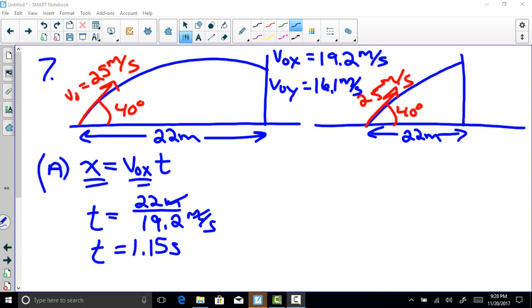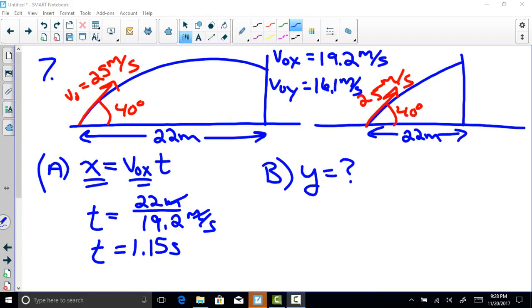Now, that doesn't answer the question about how far above the release point the ball hits, or whether the ball has passed its highest point yet. This only tells me how long the ball is in the air. If we want to find B, it's asking how high above the release point, so it's asking y.